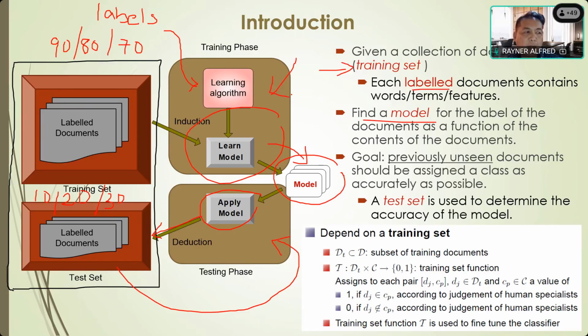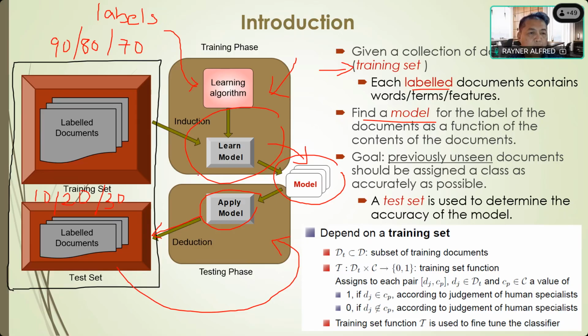So many algorithms. We can even use a neural network in order to classify the document. So the whole idea is we want to be able to predict the label of the unseen data set.